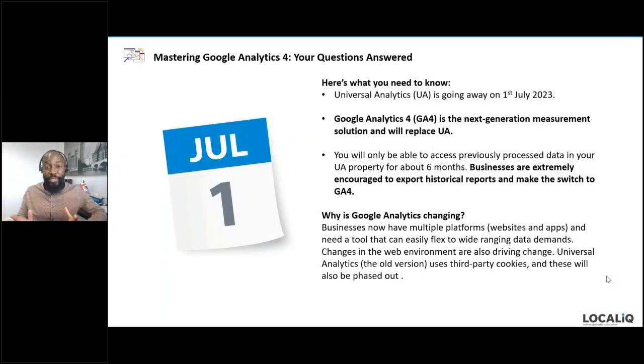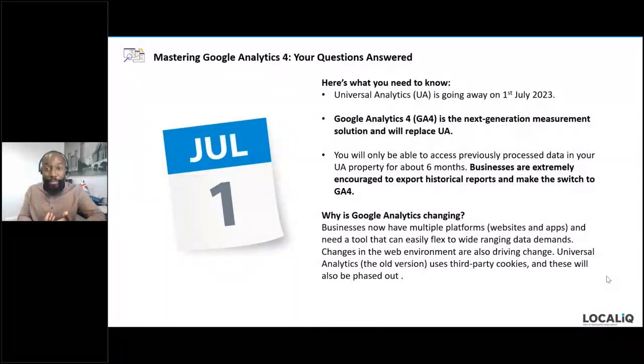So that's what's changing, but why is it changing? It's changing because the world and the internet is changing. In fact, a lot has changed since Google Analytics UA, Universal Analytics, the old version, was first introduced about 11 years ago. Businesses now have multiple platforms they need to track. It's not just about your website.